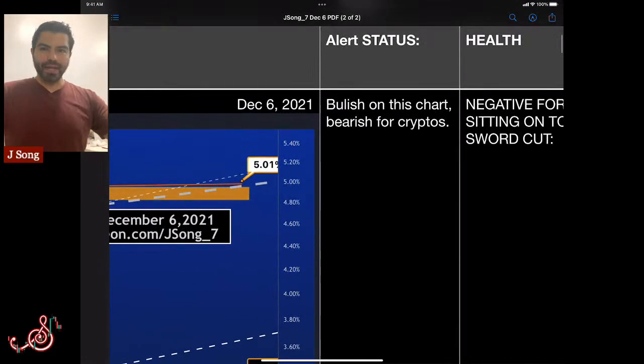But if I do put alerts, the word alert is usually when I'm bullish and it's time to act. There's another word I use for the opposite side, but I might put the word alert warning.